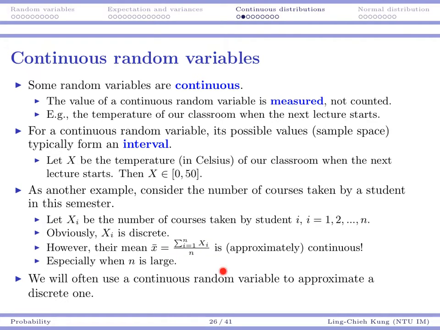So with this example, we basically say a continuous random variable is a very good approximation for many discrete random variables. For this particular average, if we really want to count, the number of possible values is still finite.